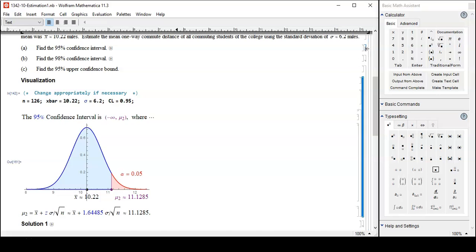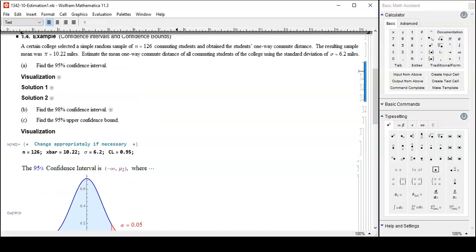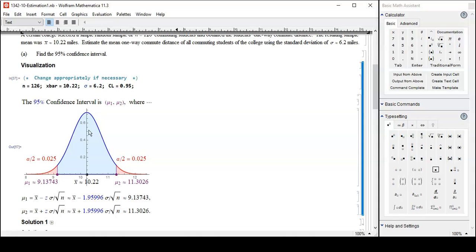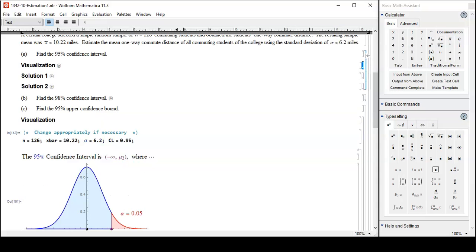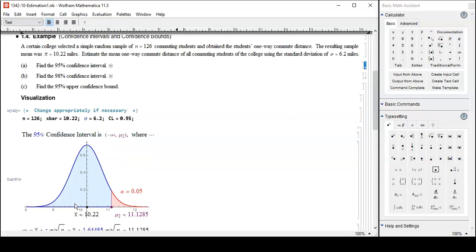Now, let's go back to the 95% confidence interval. We have 95% in the middle, and that breaks off the left-hand side to 2.5% and 2.5%. That's the confidence interval. For the confidence bound, 95% here, entire 5% to the right. That's for the upper confidence bound.